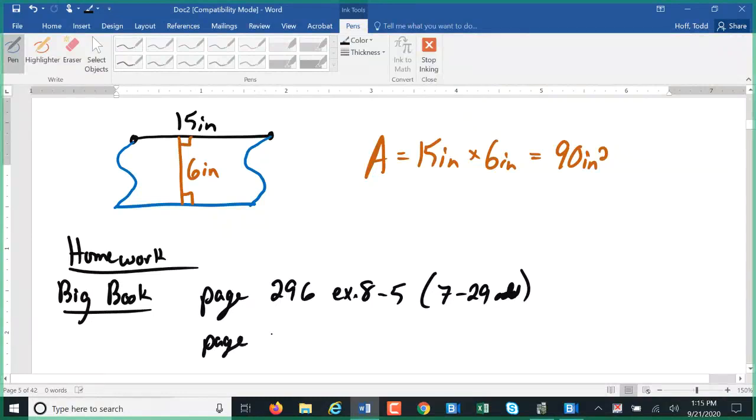And also page 296, exercise 8-6, 7 through 13, the odd. So I'll give you the remainder of this time here to start working on that.